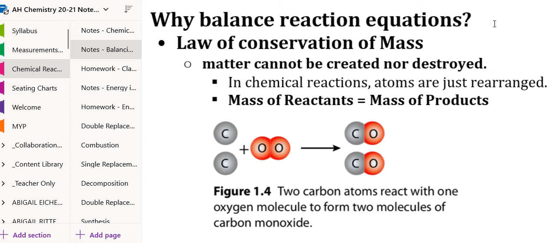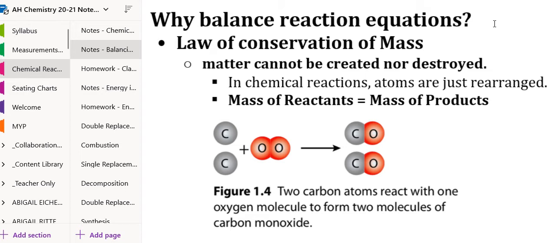How many oxygens in the reactants? 2. And how many oxygens in the products? 2. So are the oxygens balanced? Yes. Does this represent a chemical reaction? Yes, right? I started out with 2 separate carbon atoms and an O2 molecule joined together. And what did I end up with in the products?